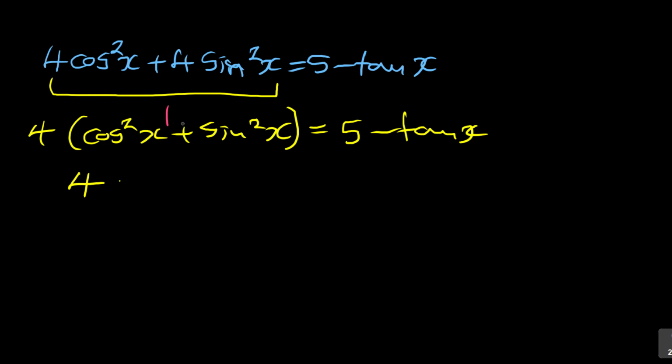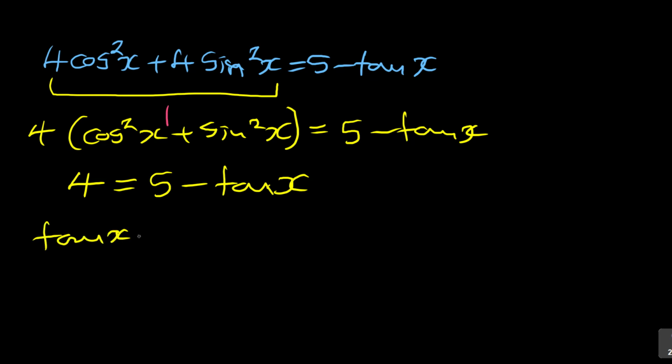But wait, what am I solving for? Values of x. So it will be 4 is equal to 5 minus tan x. I can have a positive tangent on one side and 5 minus 4 on the other side.